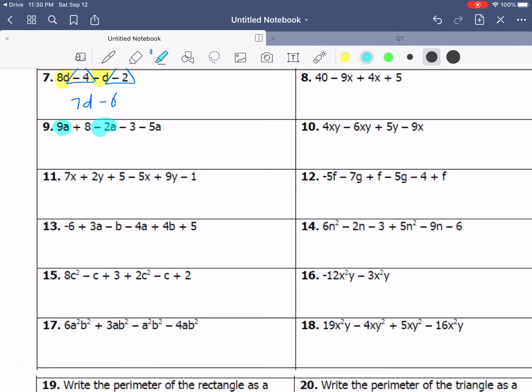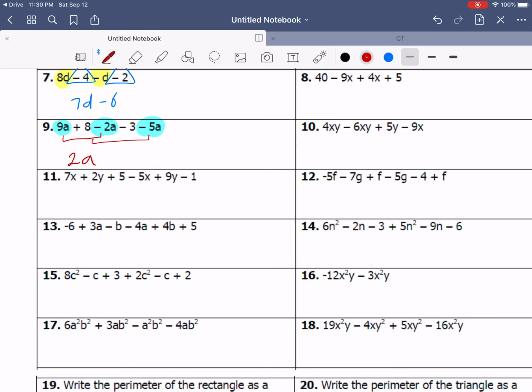9a, negative 2a, negative 5a. If you're still confused about when to call it negative or minus, if it is between two numbers, we call it minus. Here, 9a minus 2a will give you 7a, and 7a minus 5a will give you 2a.